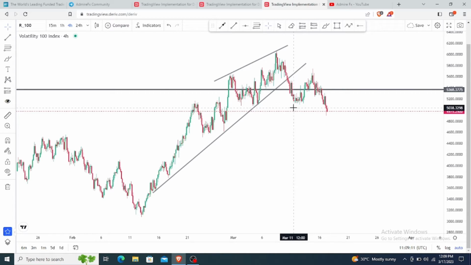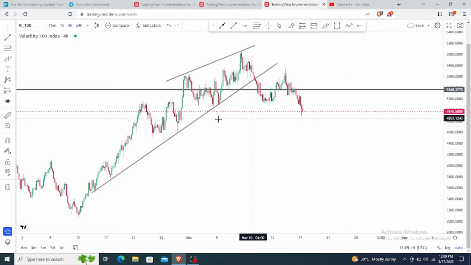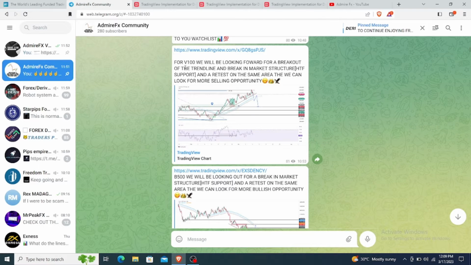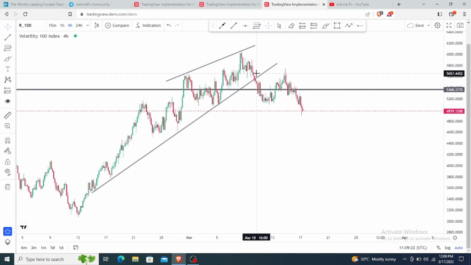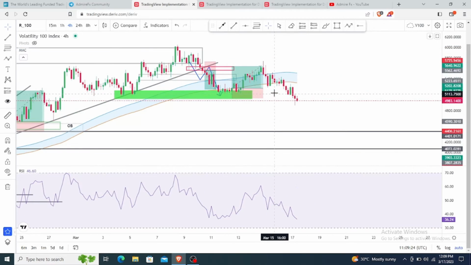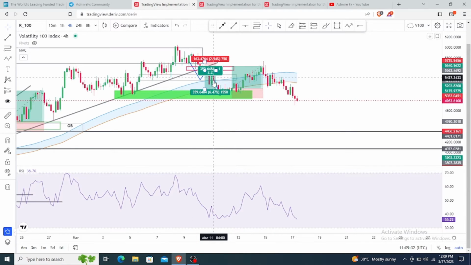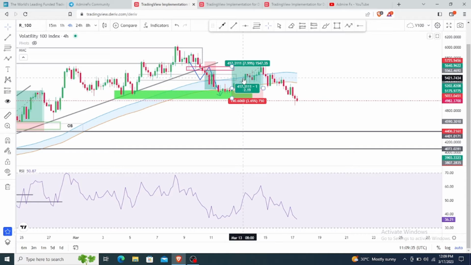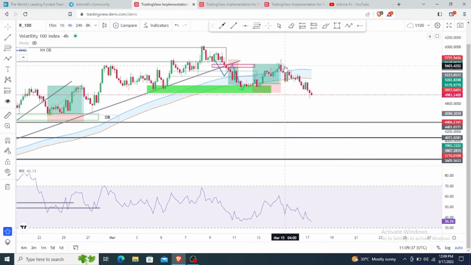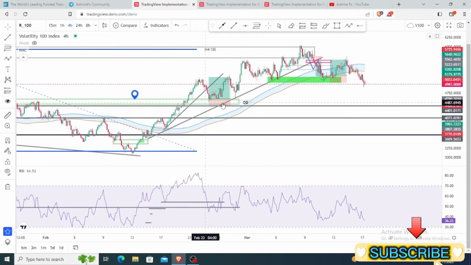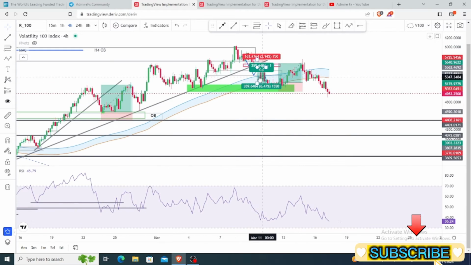All I needed to do was be patient for price to break out of the trend line, just like I stated there, and then break market structure. When price broke out of the trend line and you saw us start selling, I sent a signal to the group, and they all made money together. We traded this little buy reversal, and now we have another sell from this top, which I'm holding currently.